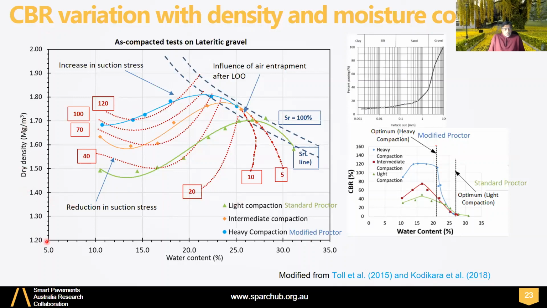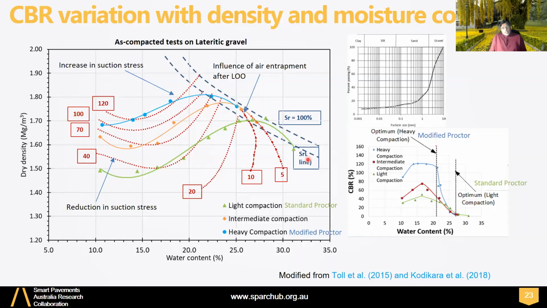Dry density against water content. So you see the green line is for Proctor, and then you have intermediate level compaction. Then you have heavy compaction, which is modified Proctor, right? So you have the three compaction curves, and you have the saturated line, and you have the line of optimums.